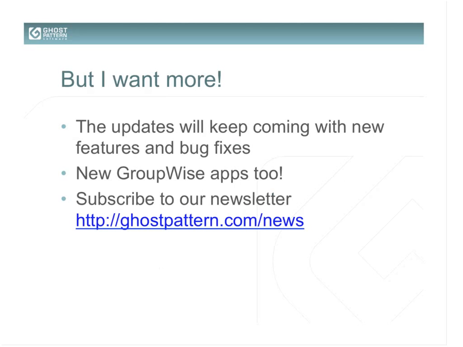So when I added the GroupWise 2012 support over the last number of months as we've gone through the beta process with GroupWise 2012 and then with the final release, I've made bug fixes and added new features, and those kinds of things are just a free update to everybody.